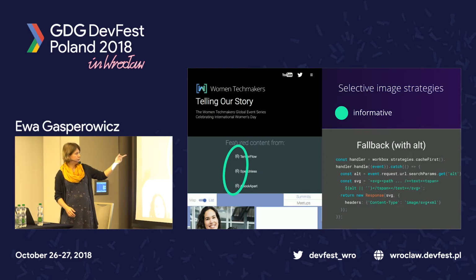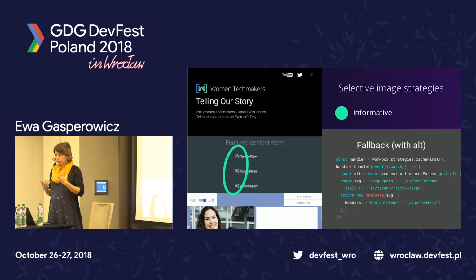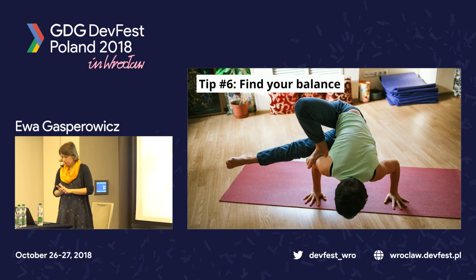And I end up with something like this, TensorFlow, speechless, a book apart image. So you can really put a lot of customization in your service worker, and a lot of interesting generation scripts can happen over there. So, you just need to balance this freshness versus storage versus speed in your app to achieve the best reliability.